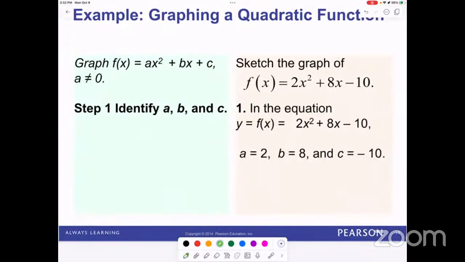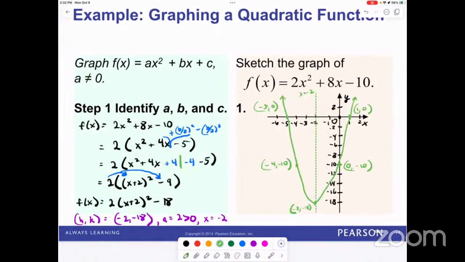Before we look at theirs, I do want to mention the alternative version of this. There's this thing called the vertex formula. We could have jumped straight to the vertex. The vertex formula: our h, the x-coordinate of the vertex, is found by -b over 2a. Our a in this case is 2, our b is 8, and our c is -10.